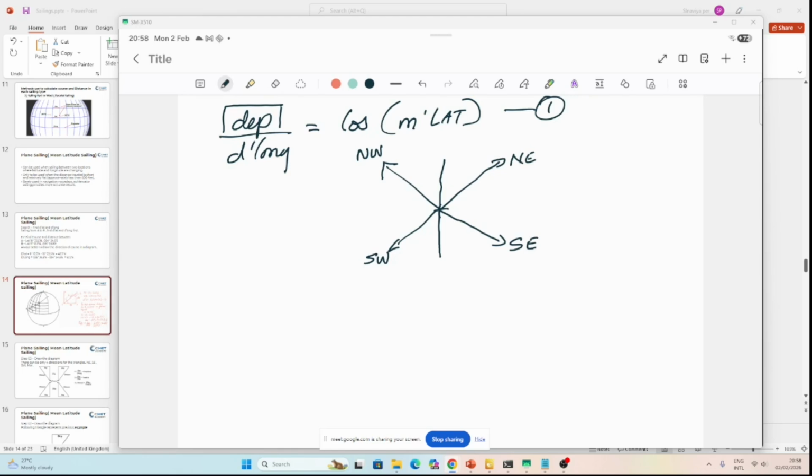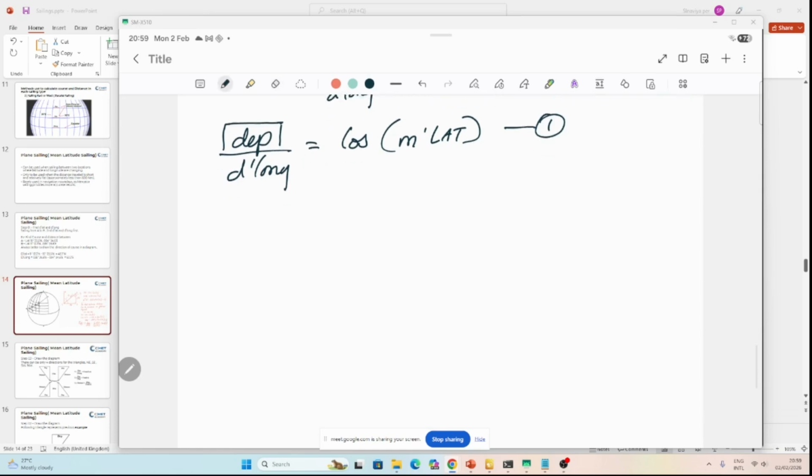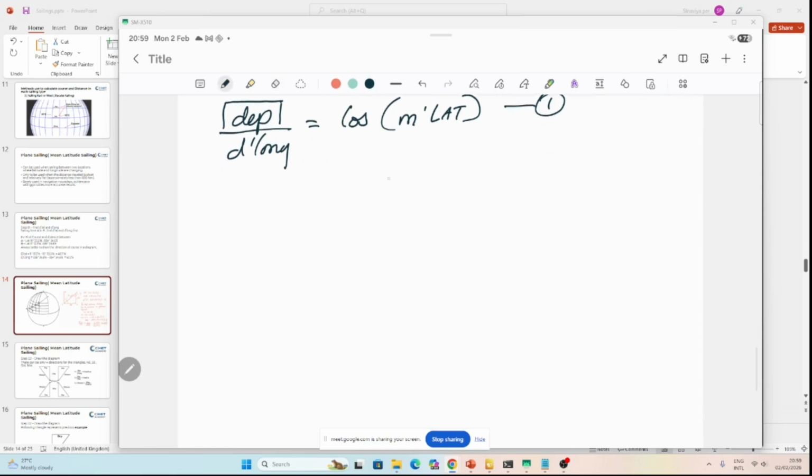Now what you have to do is very simple. You can draw the triangles like this. First, you draw the cross, otherwise you will be making mistakes. So you can follow my method if you want. You can draw the cross first, then draw north and south, then draw east and west.